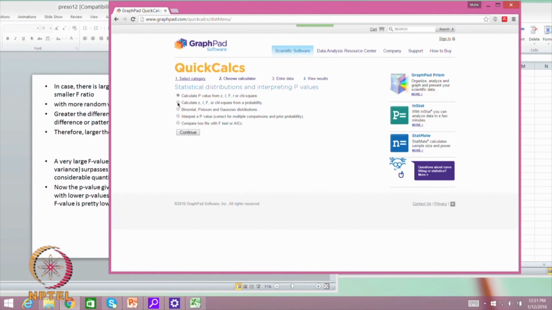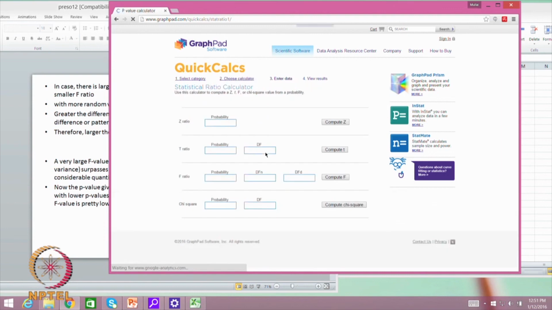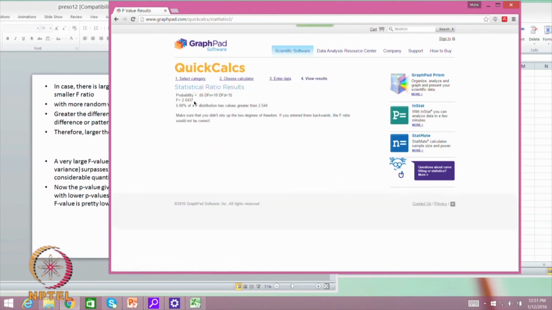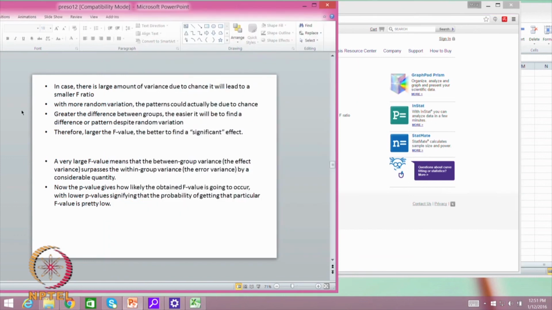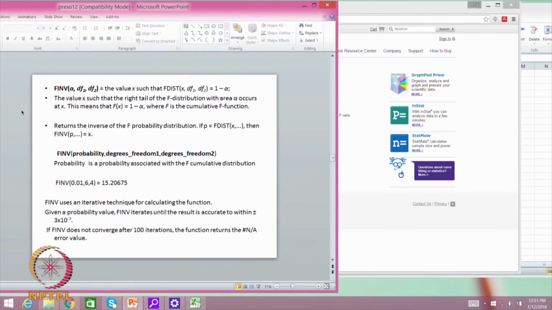So, for example, for the F ratio, we give a probability say 0.05 and then the degrees of freedom 10 and degrees of freedom 15 in that problem, compute F value. So, you see it gives you 2.543. That is equivalent to your F inverse.